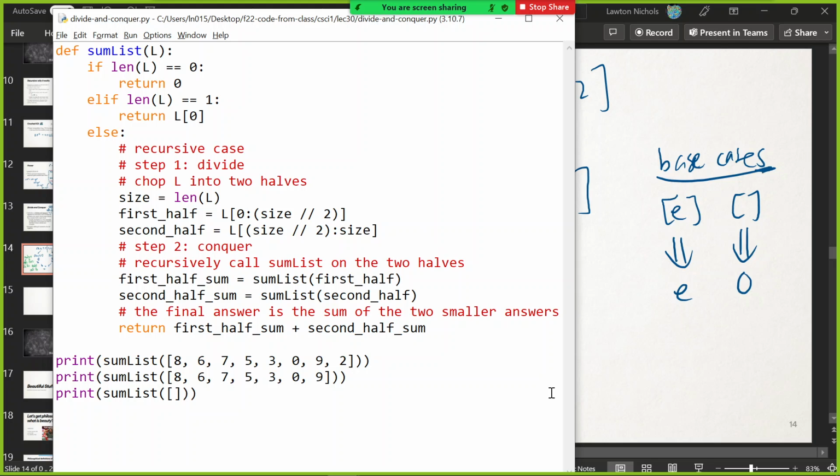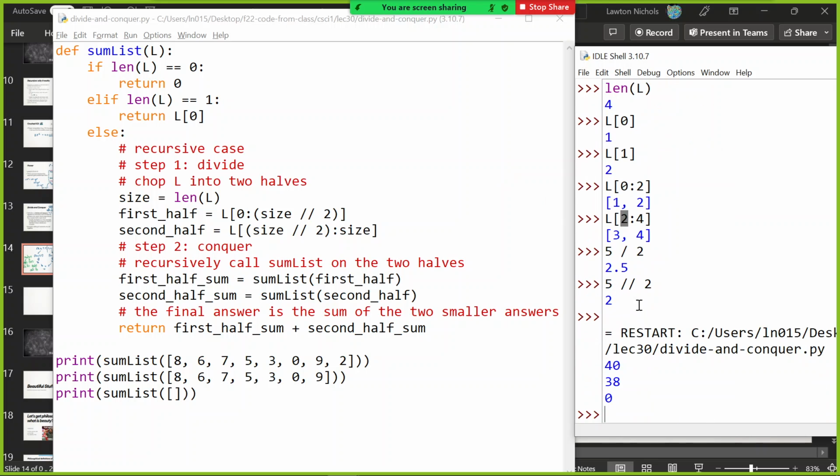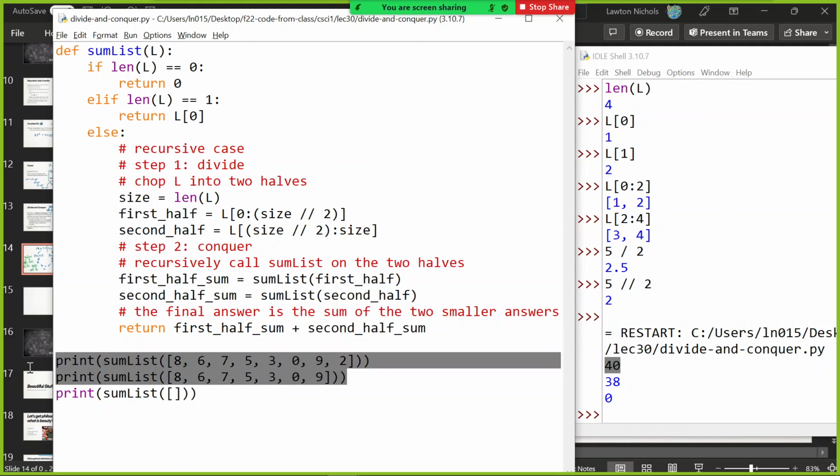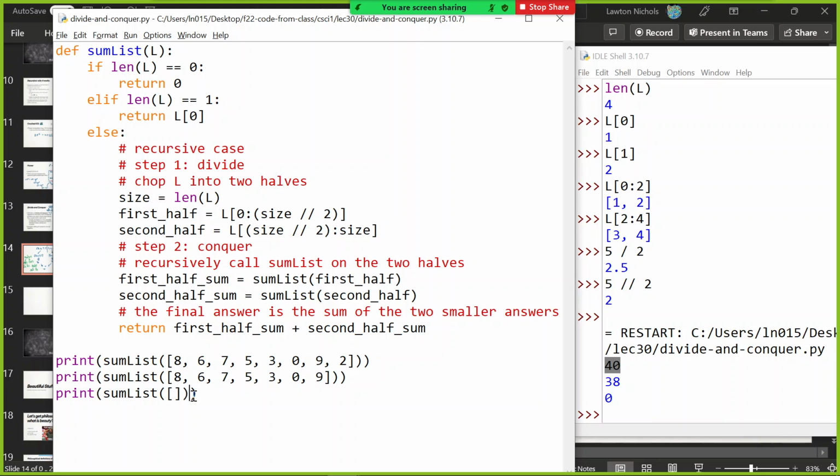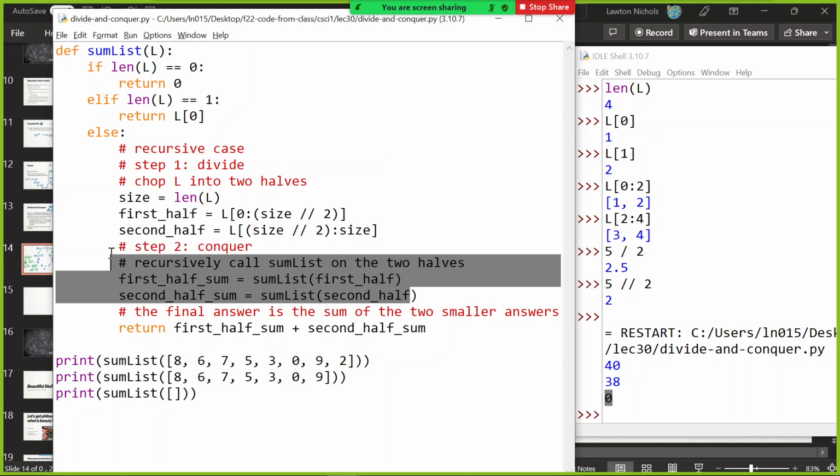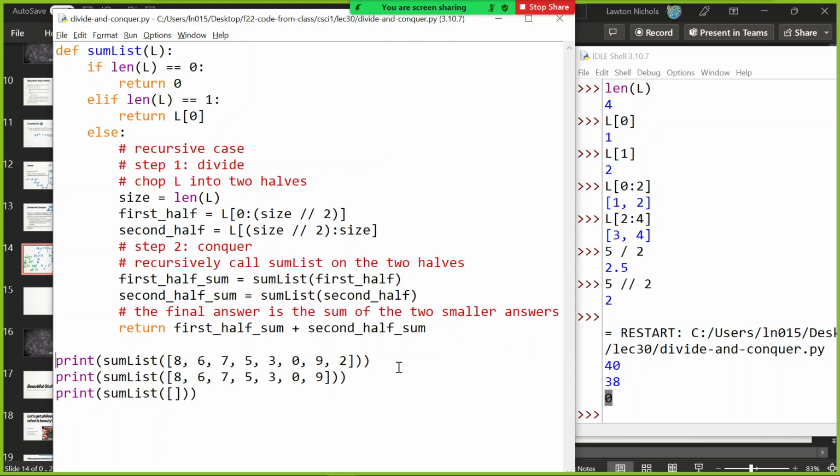And this is going to work, unless I made a silly mistake. Yay, so I got the 40. That was the original list. Odd size lists work just fine too. It'll just chop it in half in a non-even way. That's 38, and then the empty list is 0. Okay, so this is the code. We divided, we conquered, and we built up the answer.